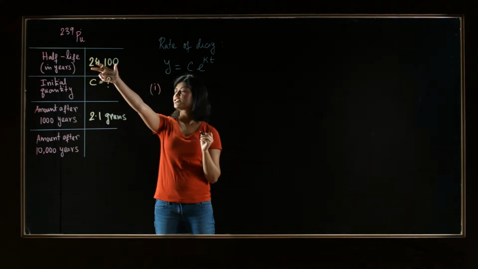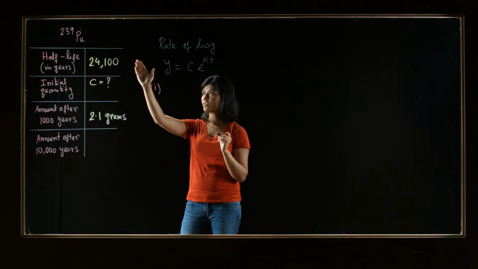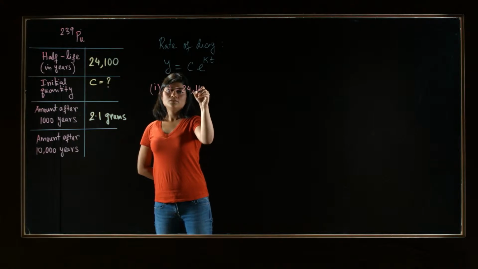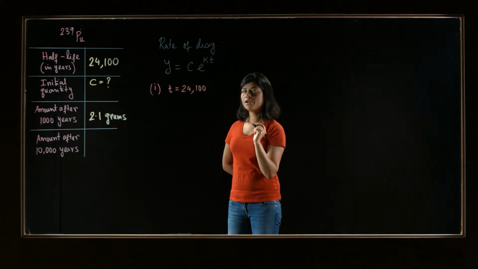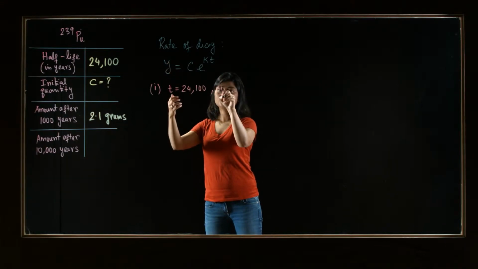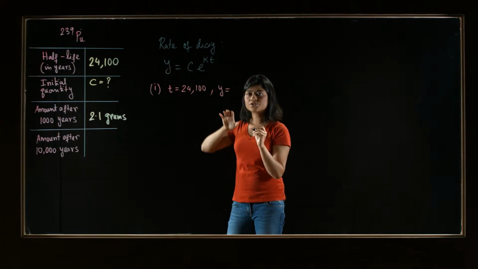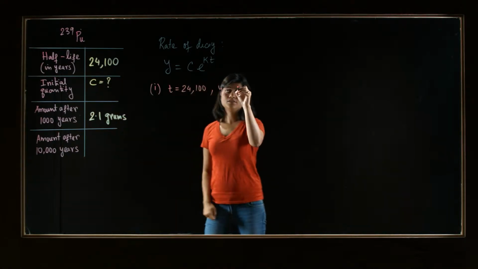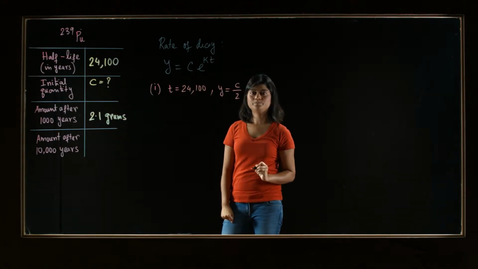Let's take the very first information. Half-life is given. That means when t is 24,100, then y, the amount of isotope, is reduced to half the initial amount. The initial amount is c, so y is c over 2.